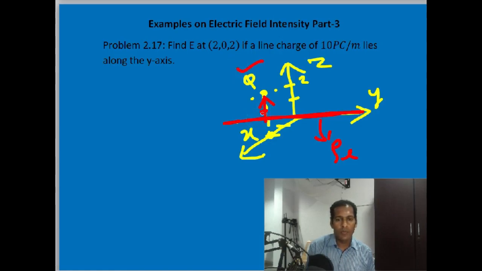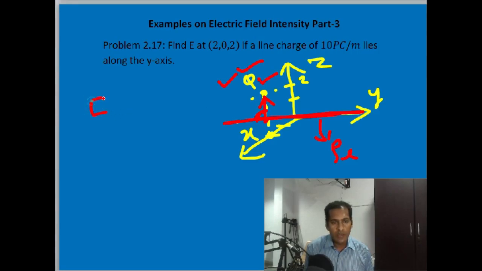So if we draw a perpendicular, we can find the source point and the destination point. The destination is charge Q and the source is the line. This line applies an electric field in all the region, but we have to find the electric field intensity at this particular charge only. So let us write down the formula for line charge density.